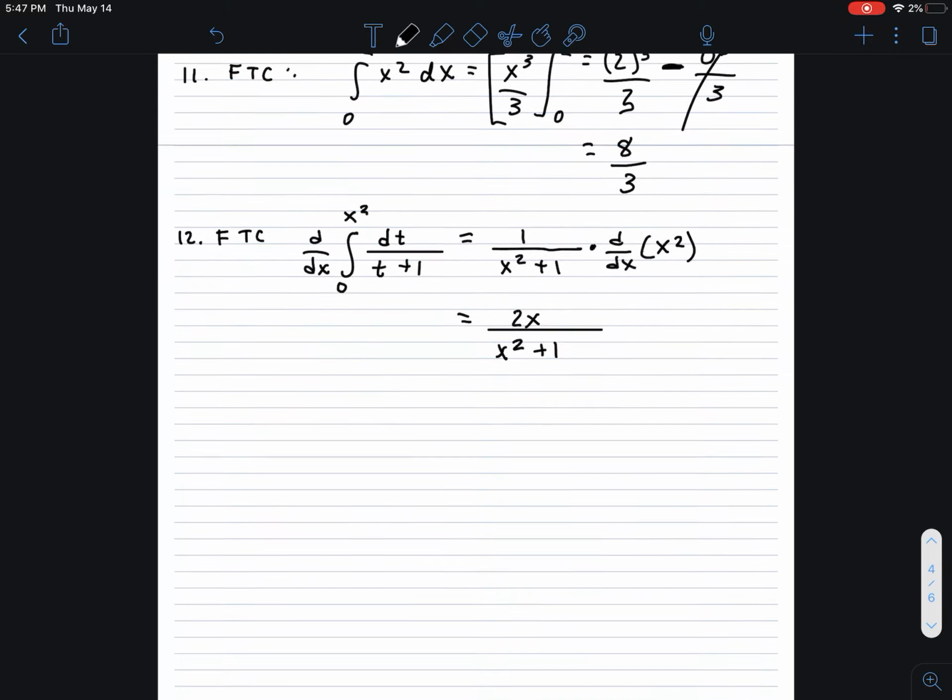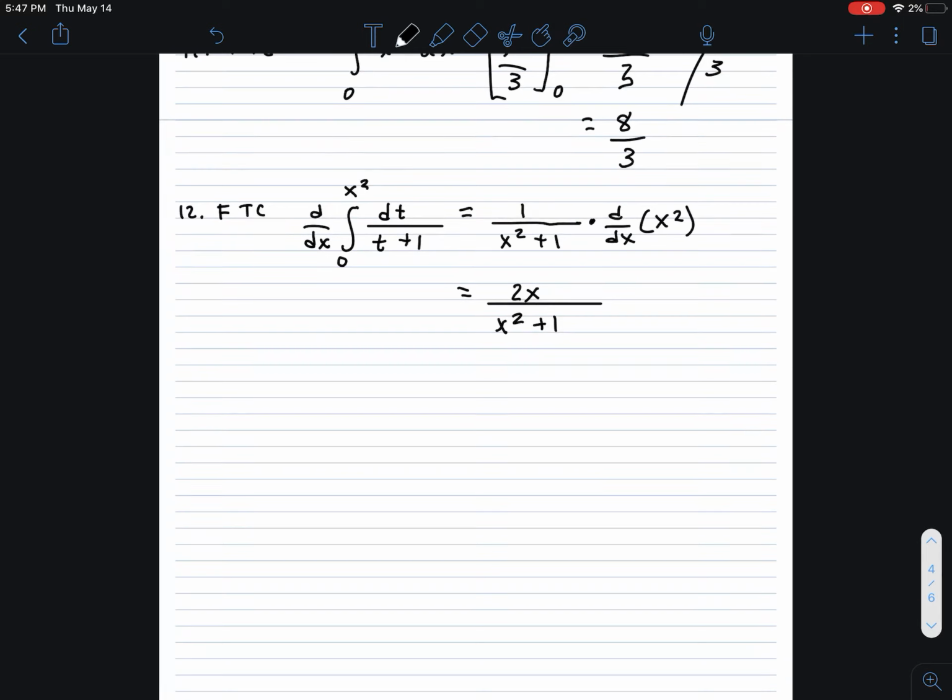Let's see here. Okay, odd and even functions. I am thinking.